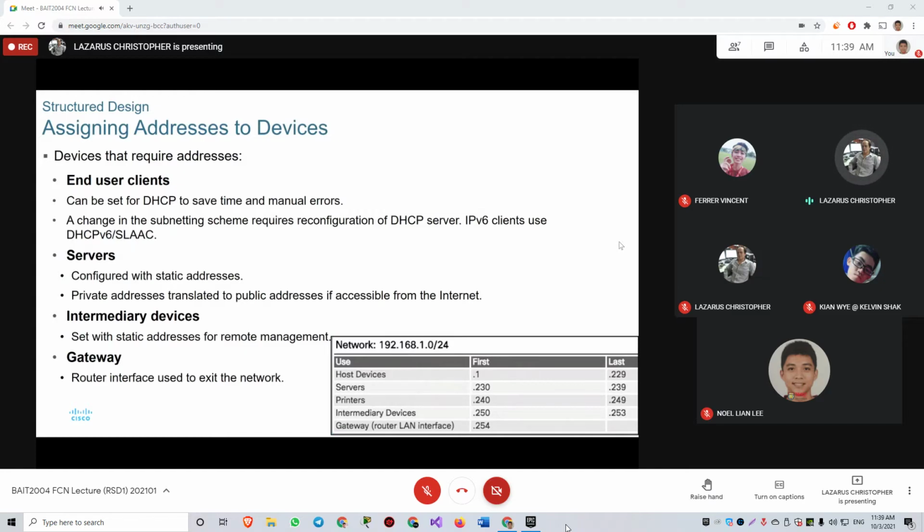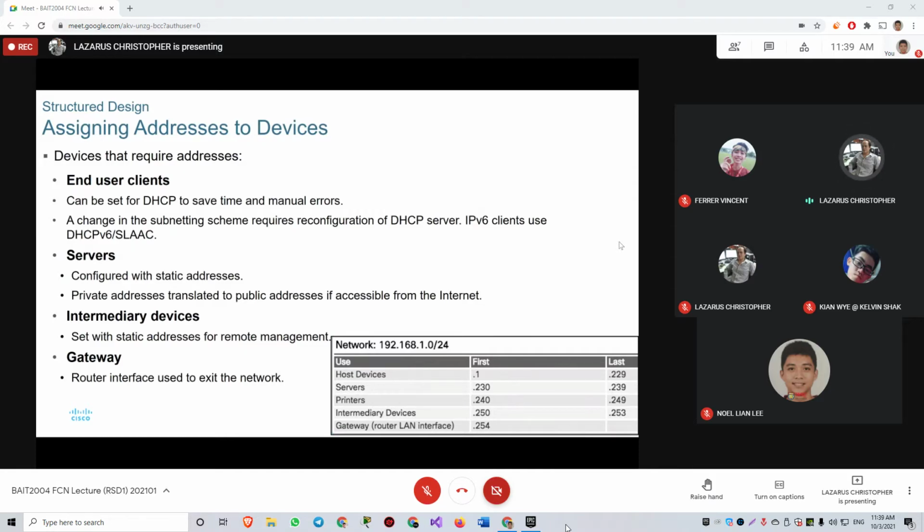So you start to assign from 240, 241, 242, and as you add each additional printer into the network, you assign the next available within that range. It's easier to remember, easier to document, easier to configure and maintain. And then the gateway, maybe you say 254.